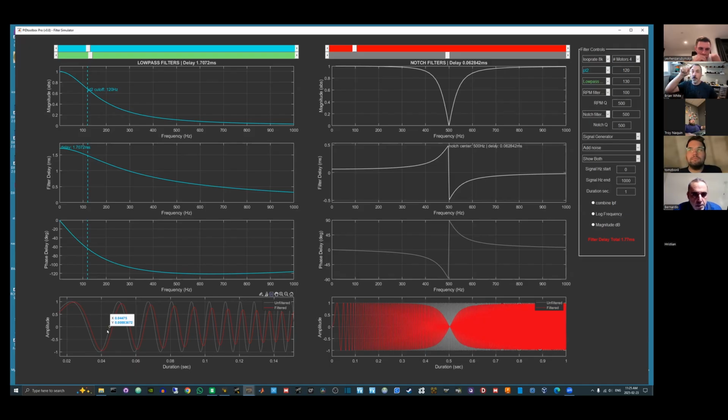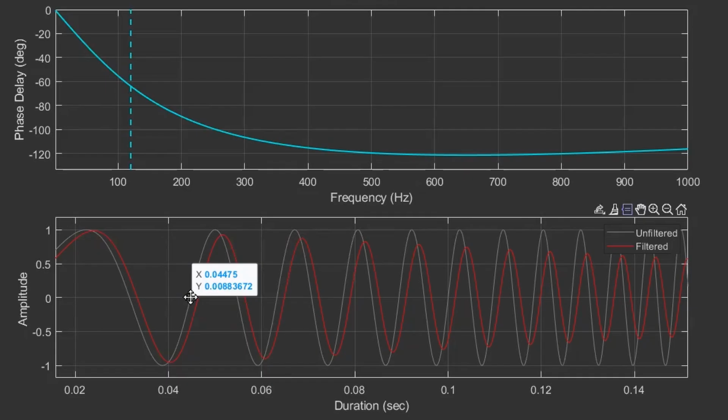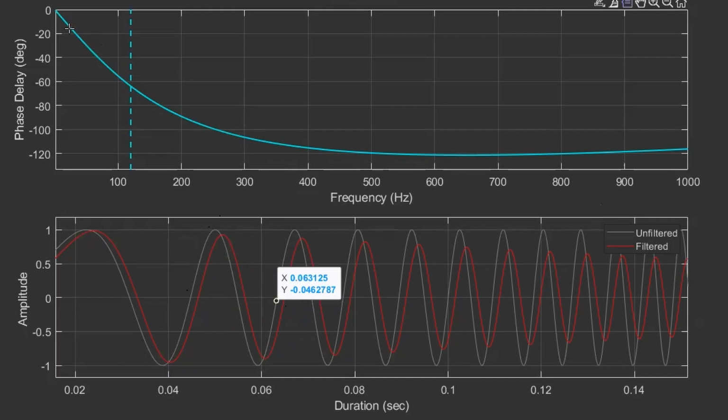You have 0, 180 degrees, 270 degrees, and 360 degrees, okay? If you convert that to a sine wave signal, we would say that's 0 here, that's 90 degrees here, that's 180 degrees here, that's 270, and that's 360. So one full sine wave is 360 degrees. So when you look at phase delay, that's the way to interpret that.